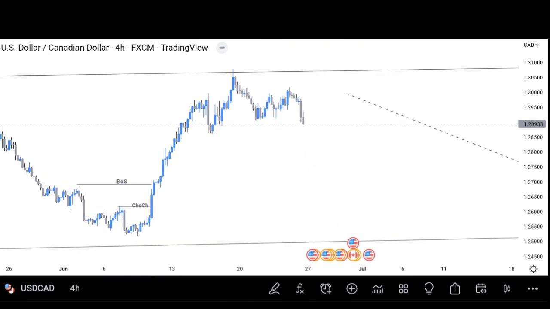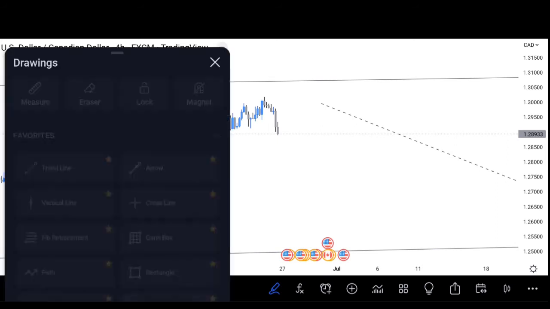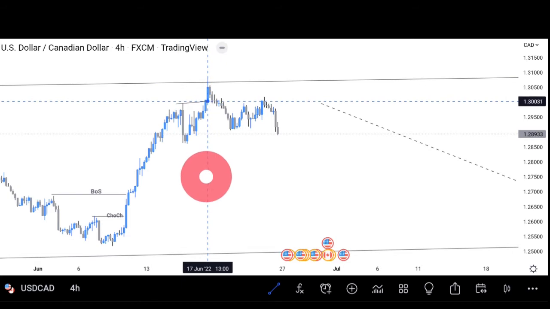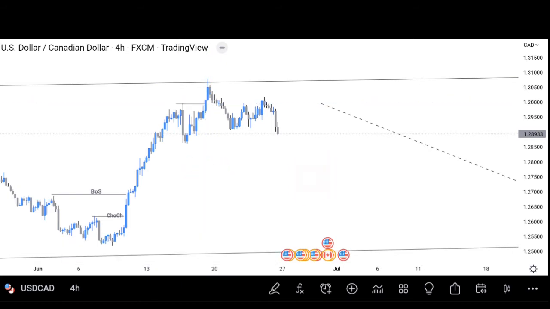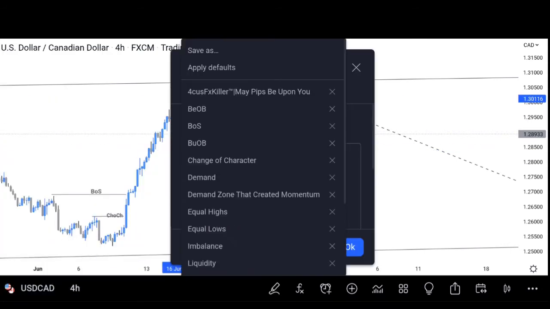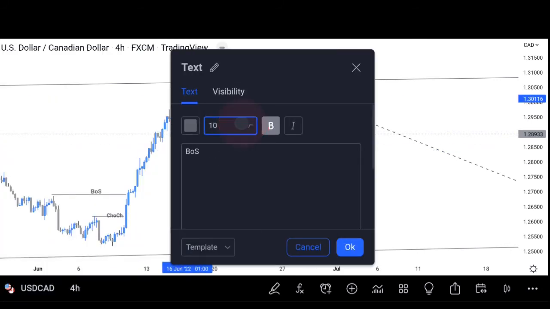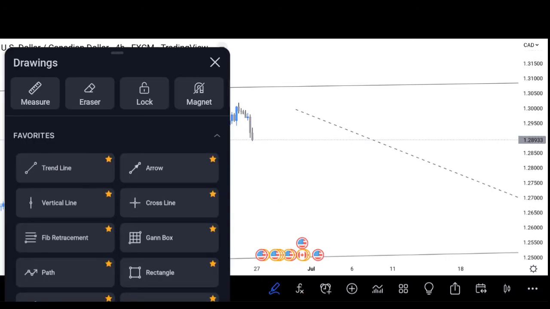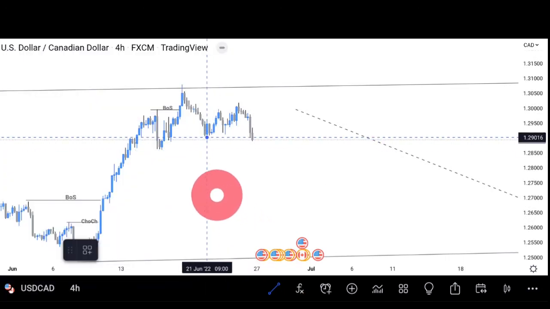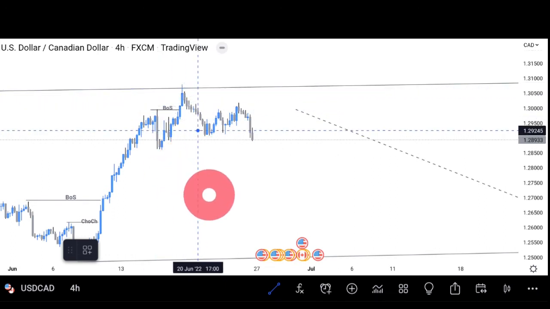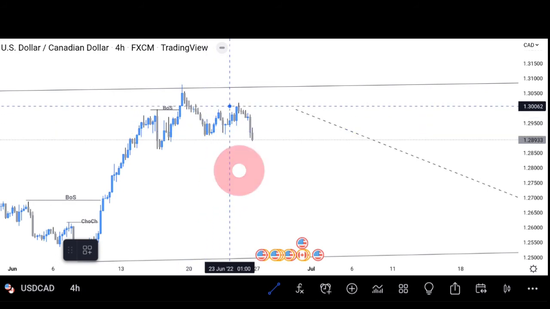Now, broke structure. So the market broke structure, created a new high, and failed to create a new high.